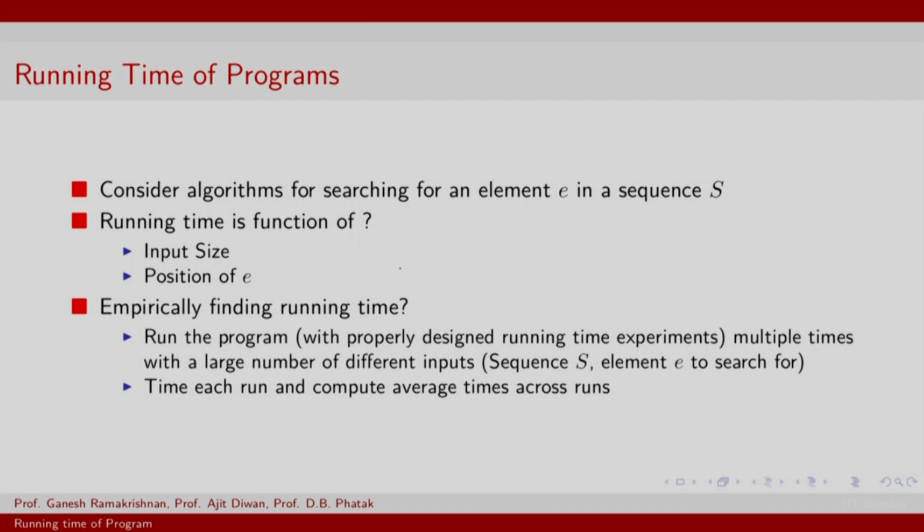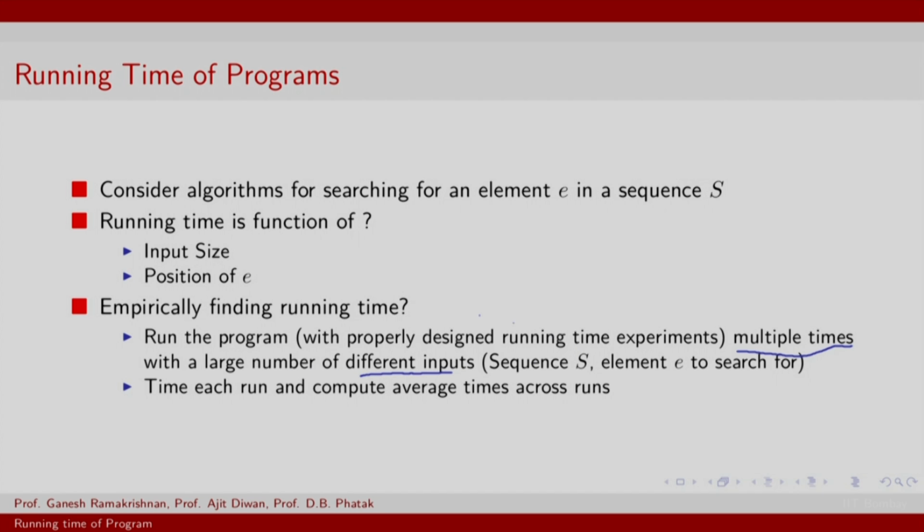So to empirically find the running time, you need to do the following. One, you need to run the program, and this is based on the choice of the algorithm. We will discuss two algorithms for finding such an element. Now you will need to run the program corresponding to that algorithm not once but multiple times, and that too with a large number of different kinds of inputs.